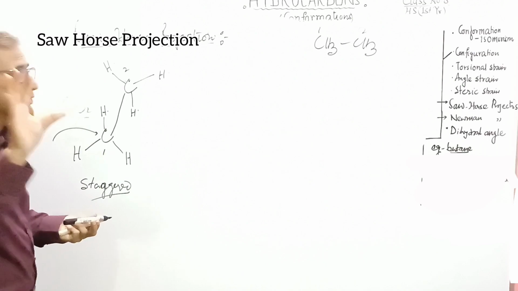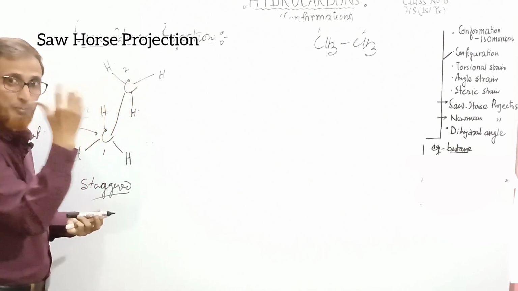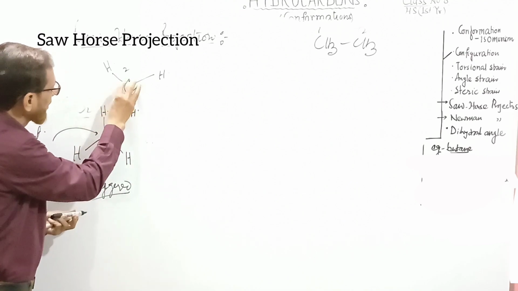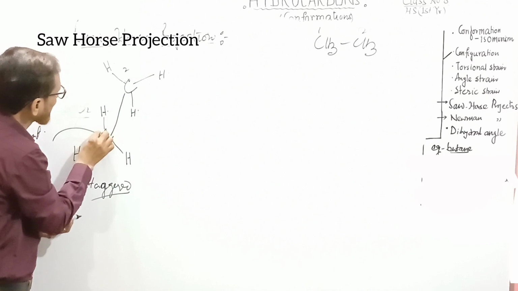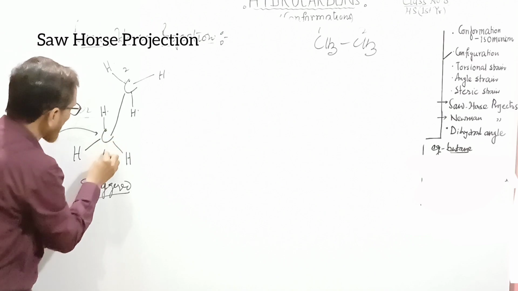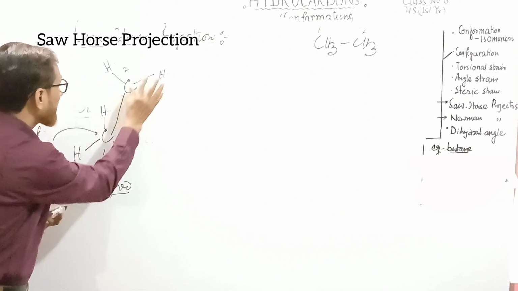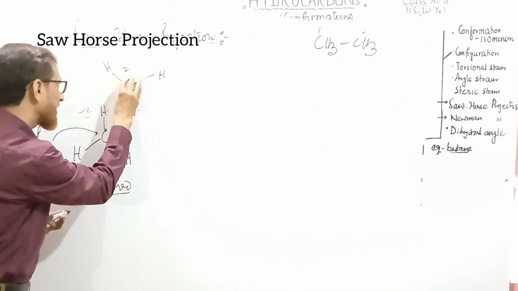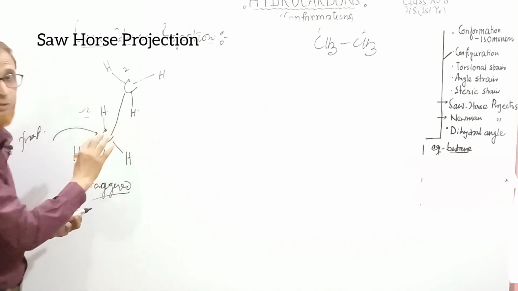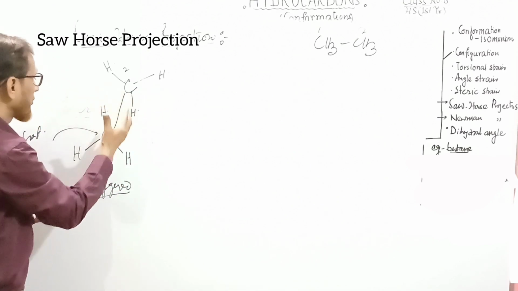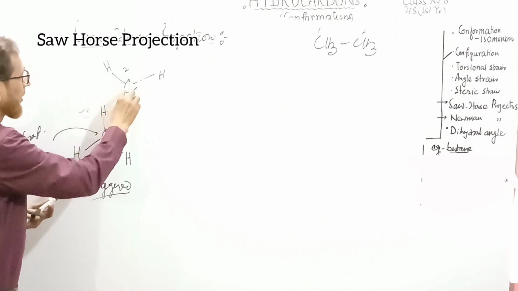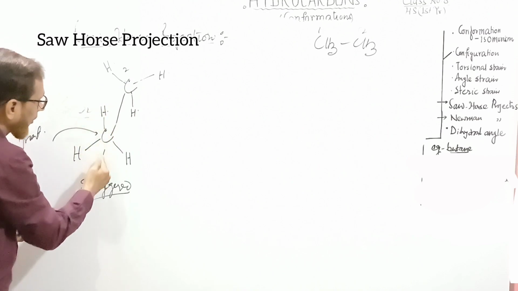Now assume mentally that this carbon is placed over this one. You see that this hydrogen is placed against this, and that one is pointing against this, and so on. I have drawn it in such a way, keeping these six. When I place this carbon over the first carbon, all the hydrogens are placed opposite to each other.